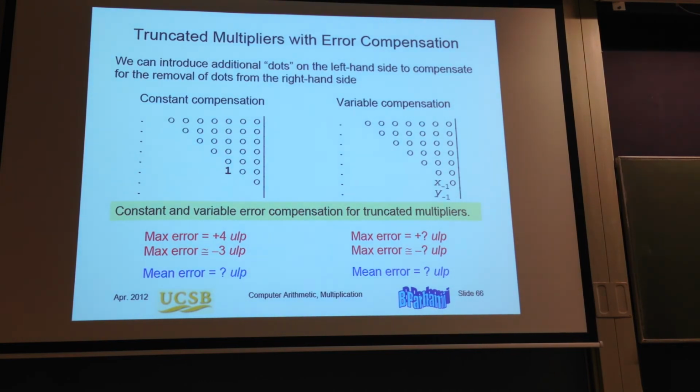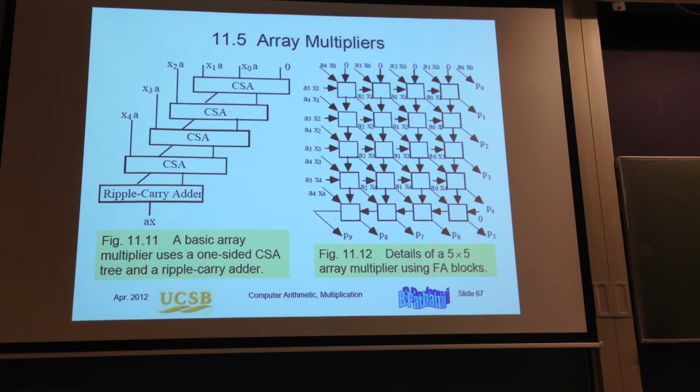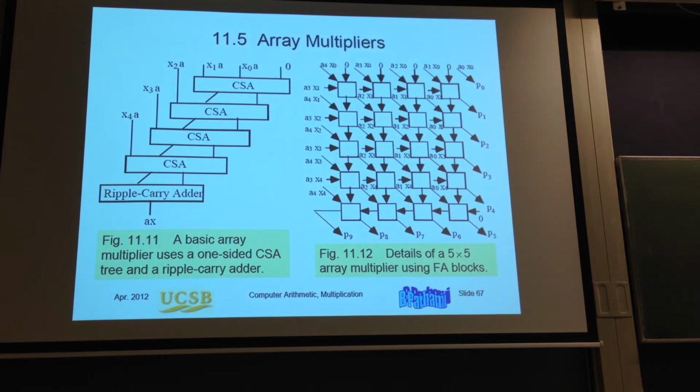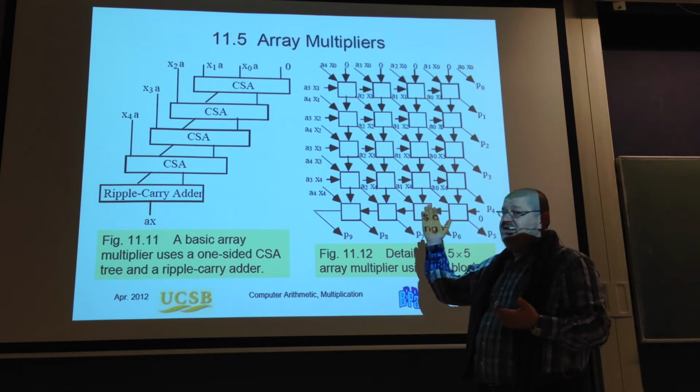Now I have 1 more minute. And in that minute, I will say something about what are called array multipliers. When I make a tree multiplier, what I want is to have a fast design. This is actually a degenerated tree. Then I am taking all the inputs into consideration, but I'm adding one at a time.